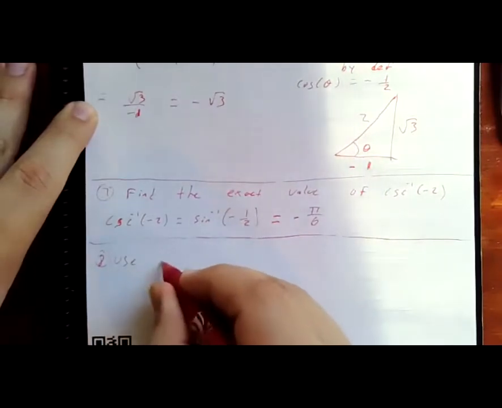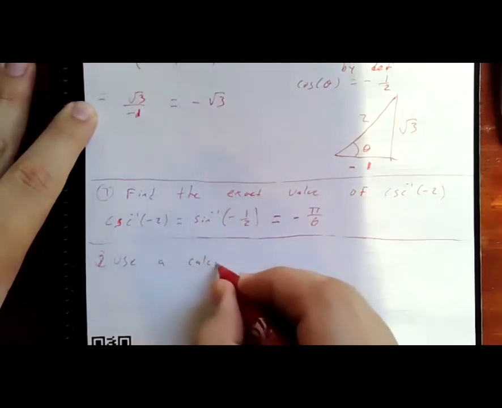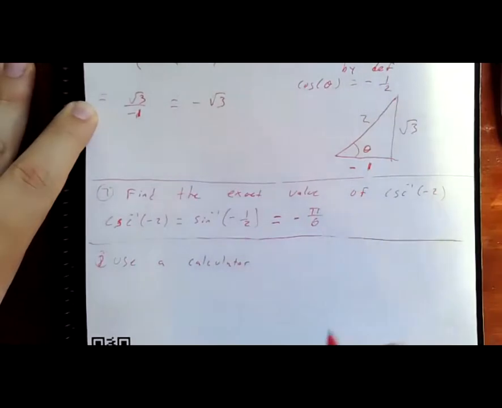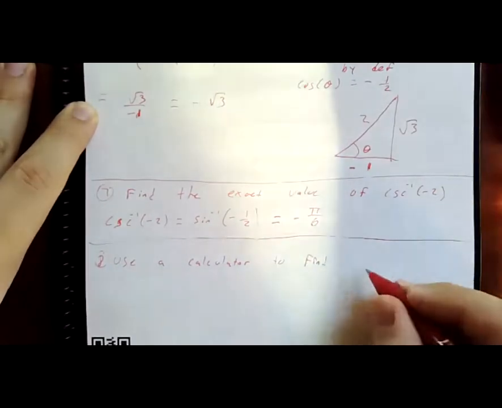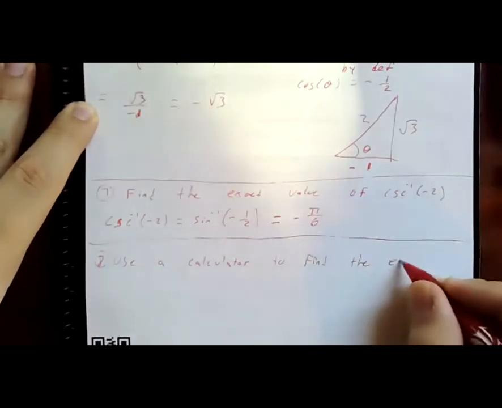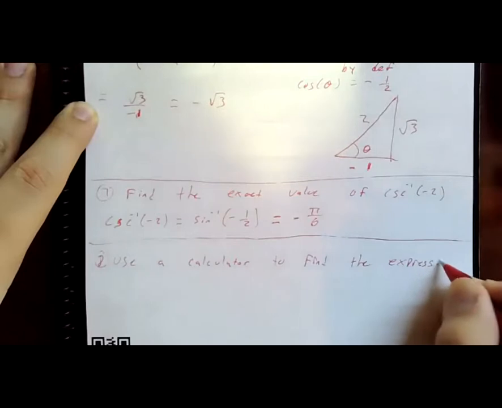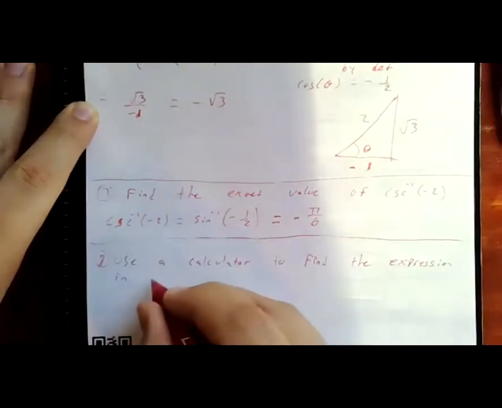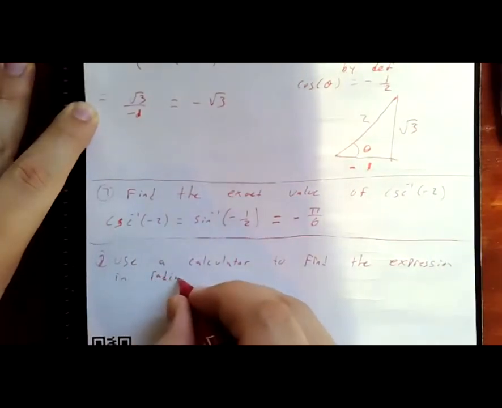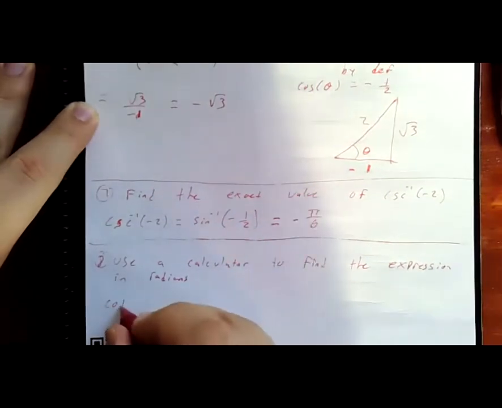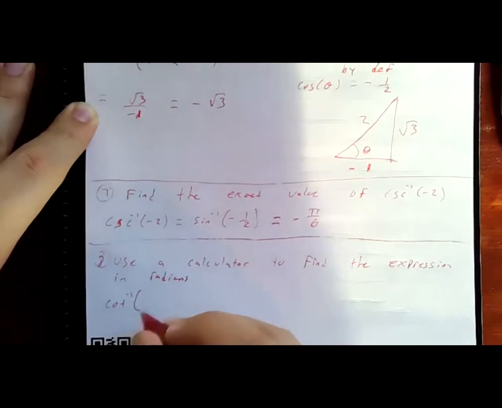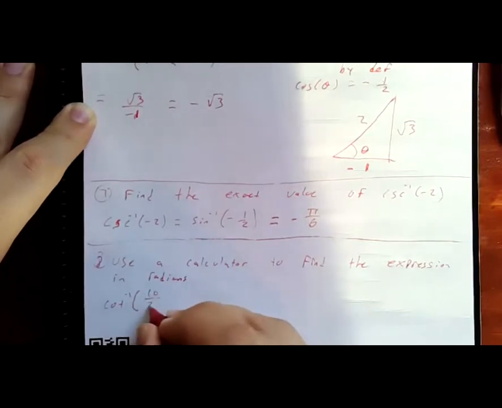Number 8, use a calculator to find the expression in radians. So cotangent inverse of 10 over 29.